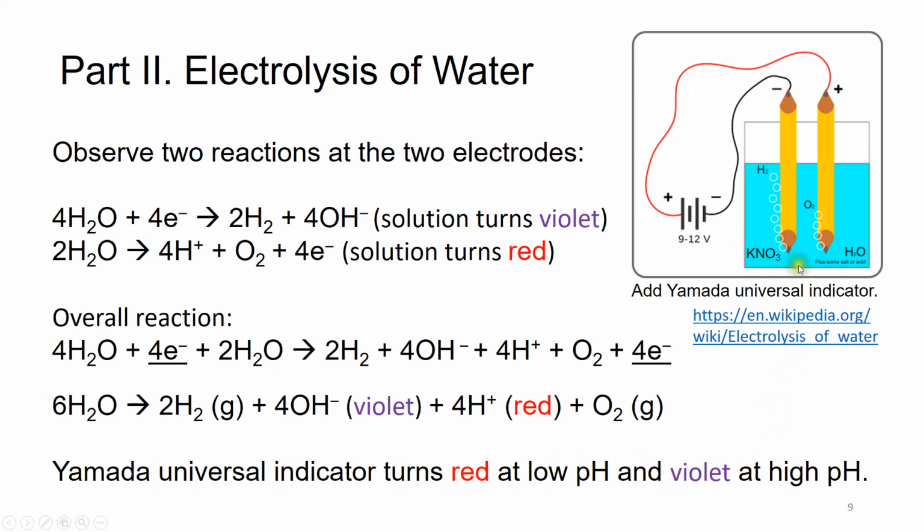By the way, you do need to add potassium nitrate in the beaker in this experiment. This is to increase the conductivity of water. Otherwise, the reaction will still take place, but at an extremely slow rate.